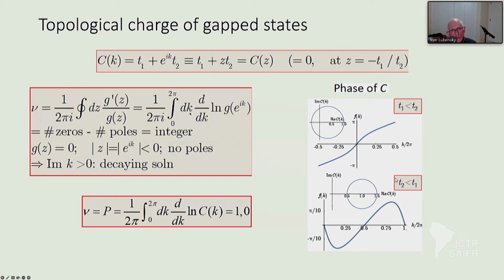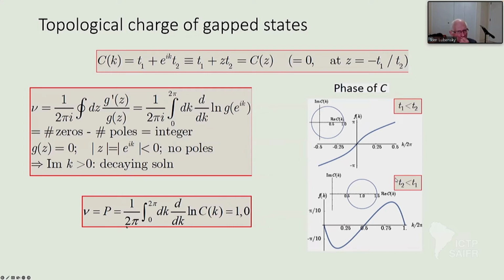In our case, there's only one direction, so it's d by dk. The log of g is i times the exponent here, and the exponent is whatever you calculate from the imaginary part of this, or you can calculate the phase of this. It's basically sine k over t2 over t1 minus t2 cos k or something like that.